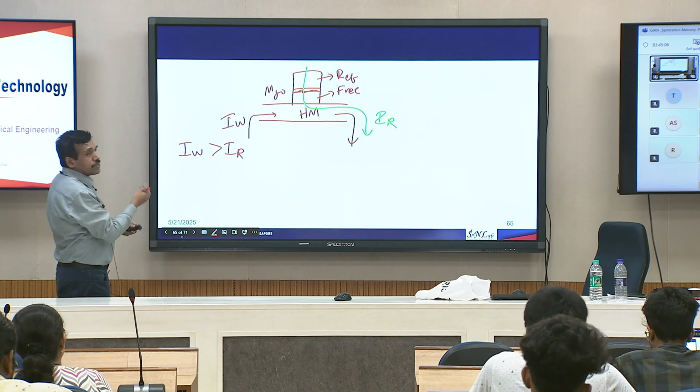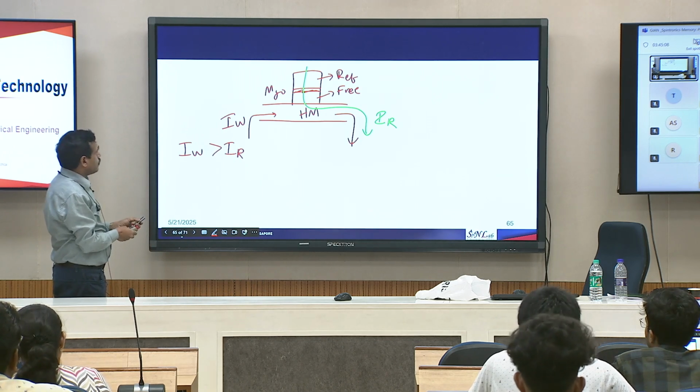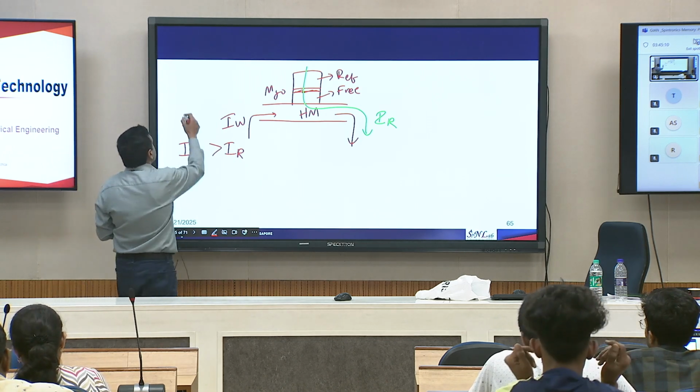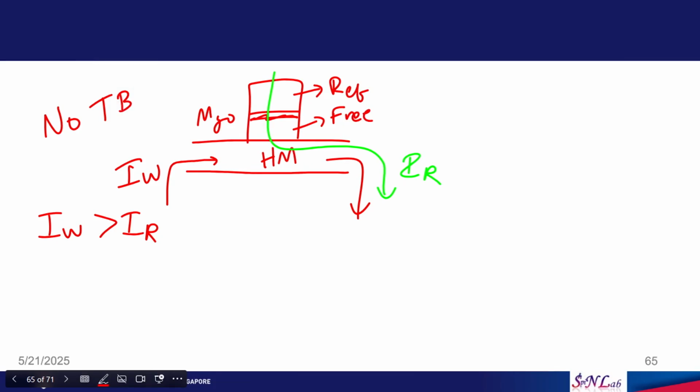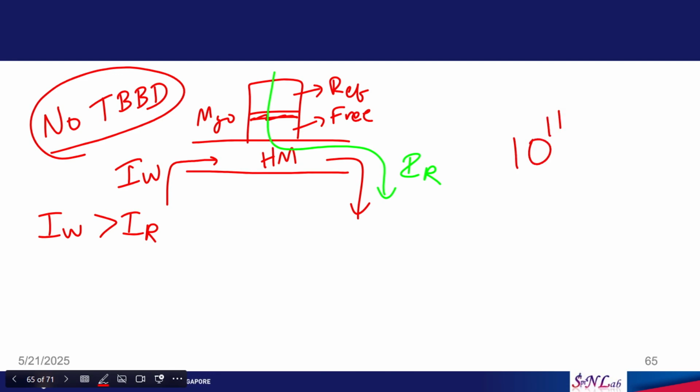So, this is the advantage side of SOT MRAM. You do not have the tunnel barrier breakdown. You do not have this problem in SOT MRAM. Secondly, SOT MRAMs can be operated at 10 power 11 ampere per square meter.